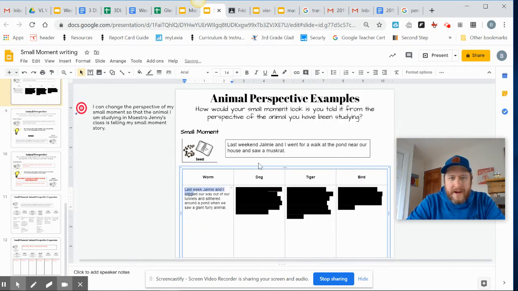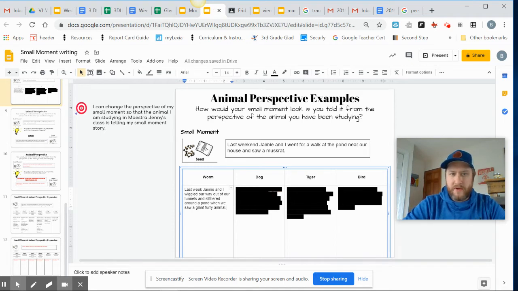Now, friends, remember, I am just saying this exact same sentence that I have up here, but I'm thinking about it as if I was a worm doing that small moment, not a person. So if I was a worm, this might sound a little different. It might say something like this.